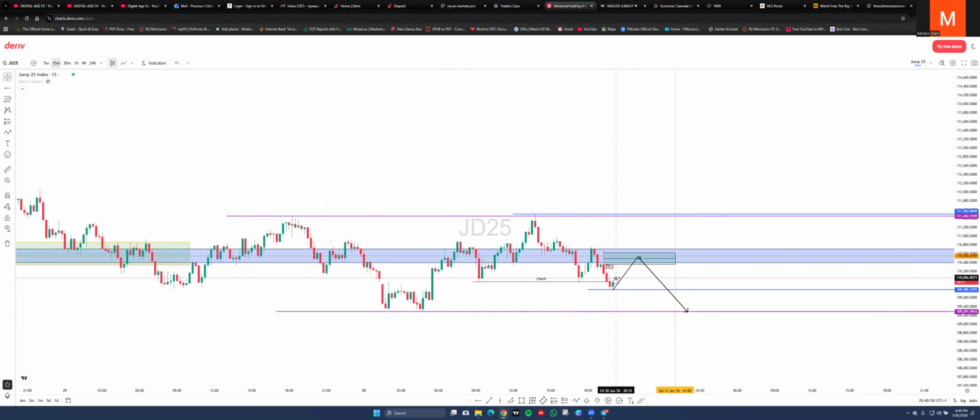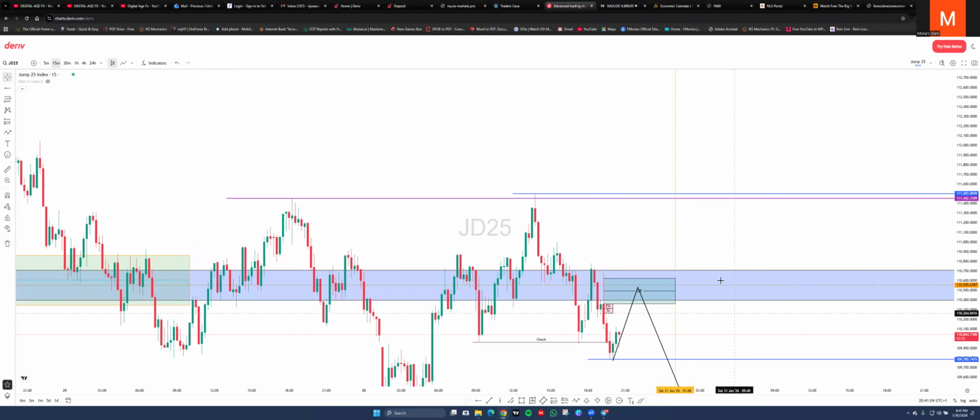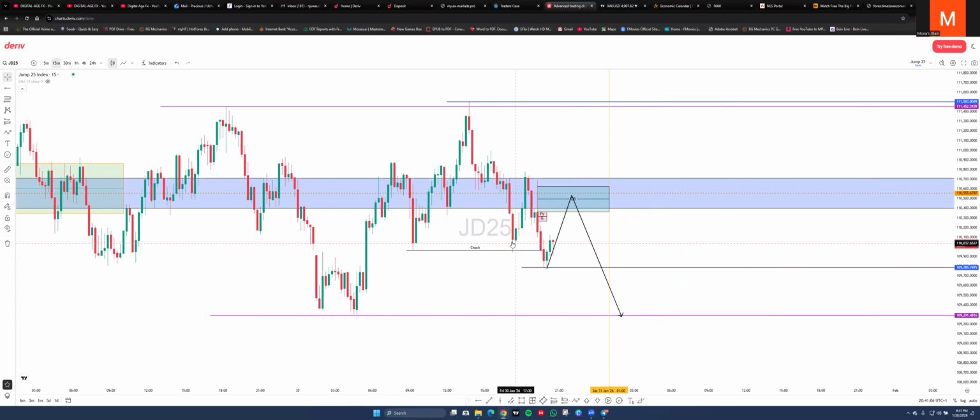I'm hoping this is going to interact with either, let me zoom it in so you see what I'm looking at, this fair value gap I got here from the lower time frame. But if you look closely, there's a full order block here on this part.